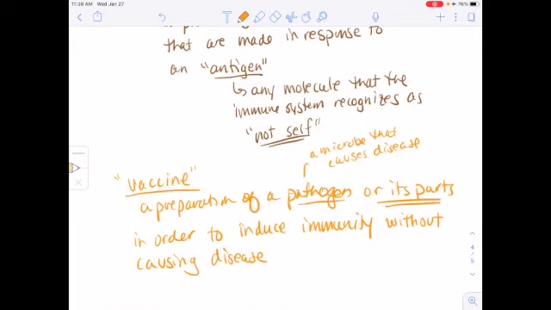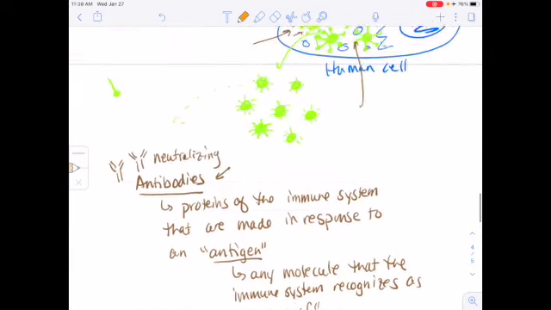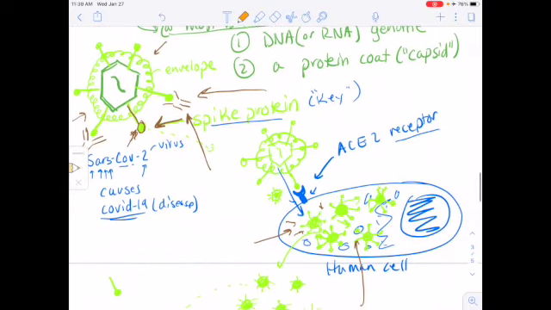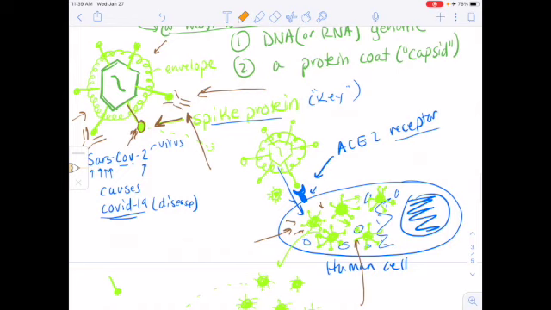So the idea behind a vaccine is to somehow present the human immune system with maybe just part.